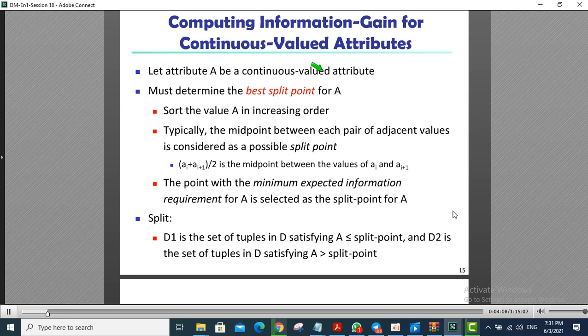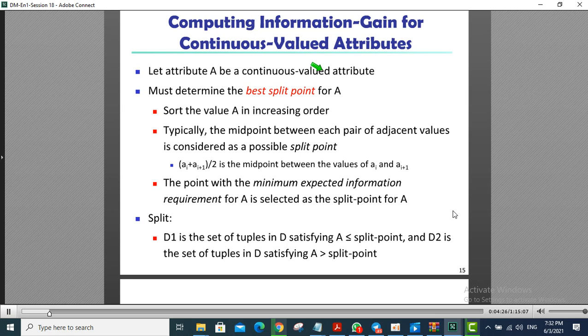But what should we do with continuous values, because in continuous values we do not have an option for a splitting point.